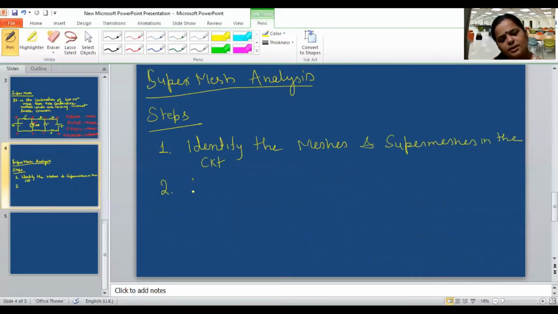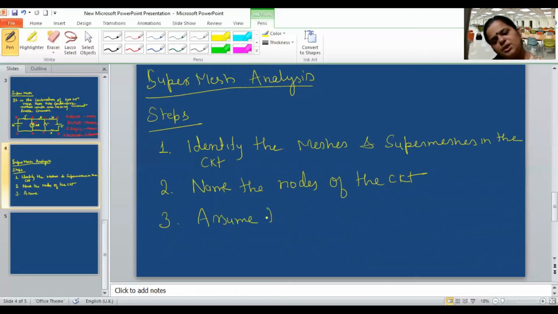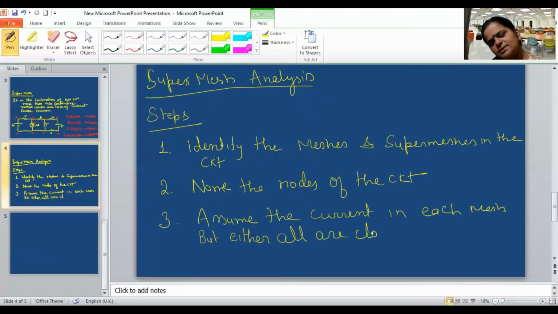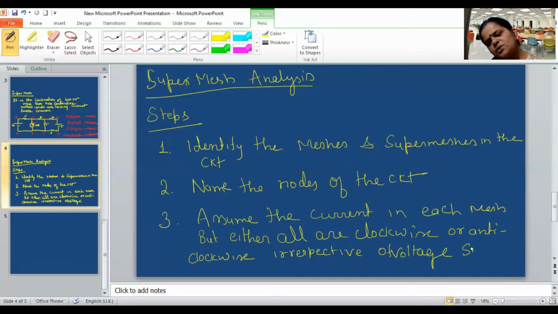The second is to name the nodes of the circuit. Then assume the current in each mesh, either all clockwise or all anti-clockwise, irrespective of voltage source polarity.